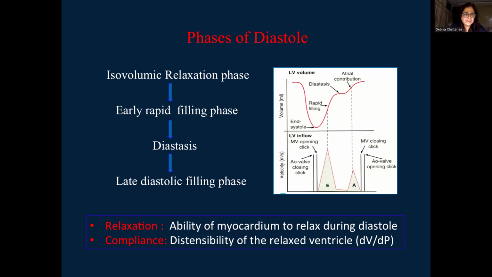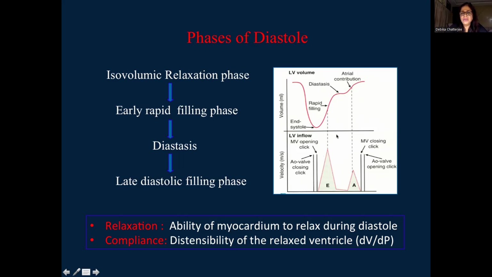So as soon as the LA pressure becomes higher than the LV pressure, the mitral valve opens. And as soon as it opens, early rapid filling starts, and with the Doppler of mitral valve flow, we get a wave called the E wave.